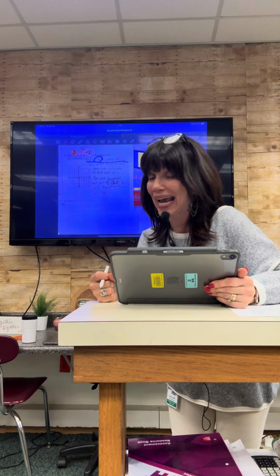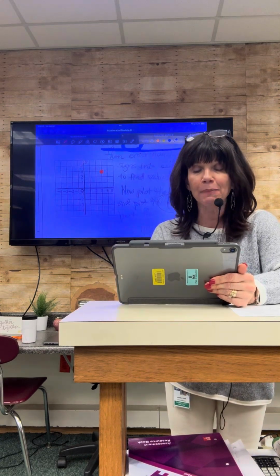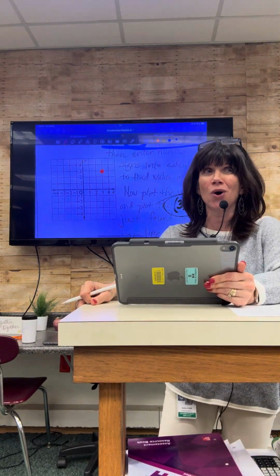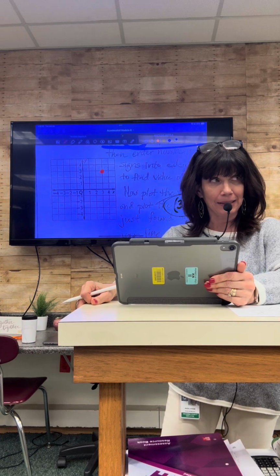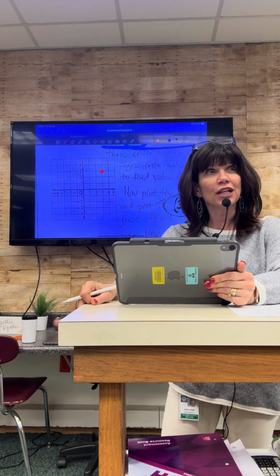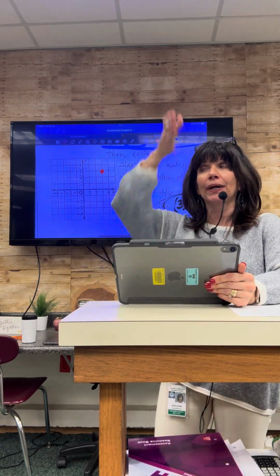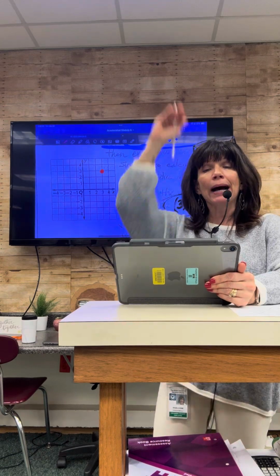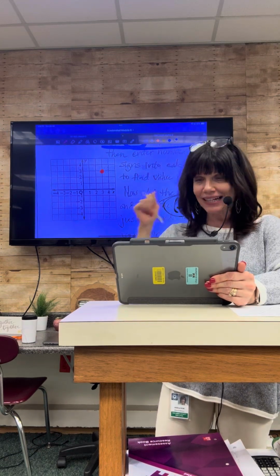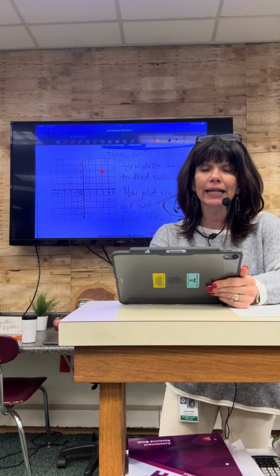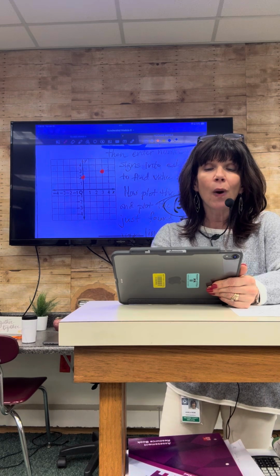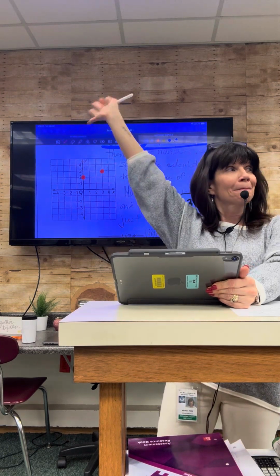So plot positive 2 on the y-axis. Everybody plot a positive 2 on the y-axis. So do you think you're going across or do you think you're going up and down? And are you going up or are you going down? Excellent. You're going up and you're landing on the... Wave at me if yours looks just like mine.